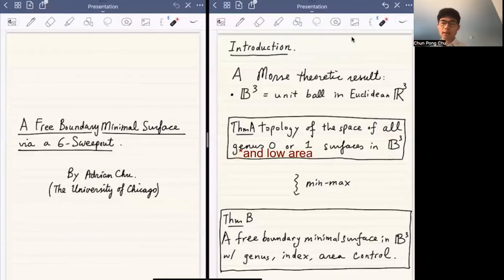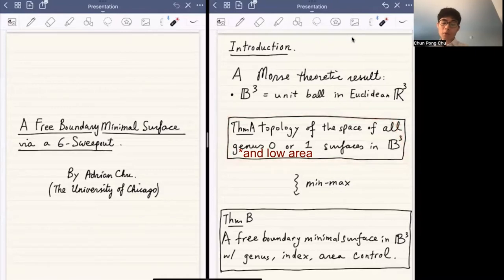Okay, so this is like an infinite dimensional space. We will study the topology of this space, and then via min-max theory, we want to obtain some results about the critical points of the area functional defined on this space above, right?